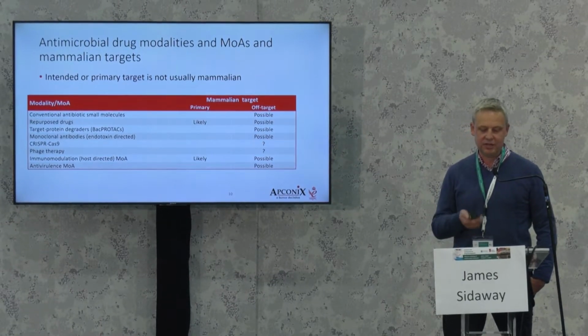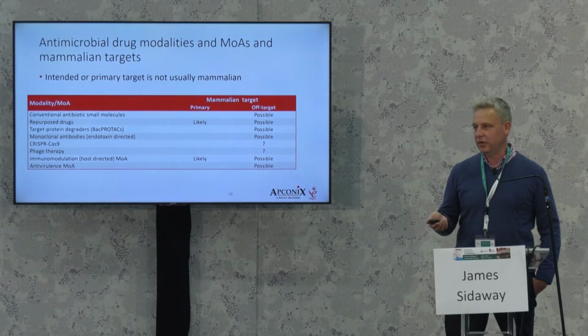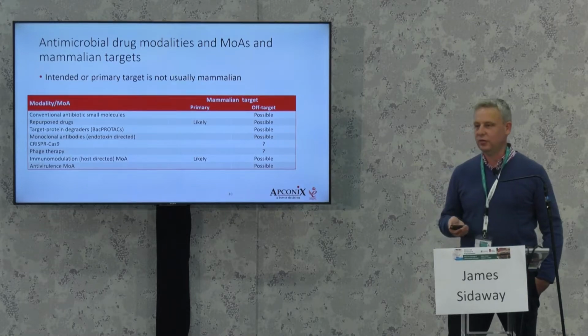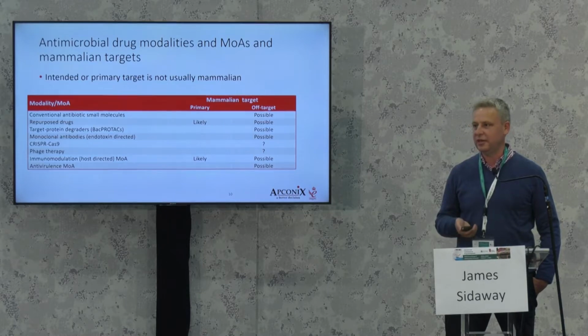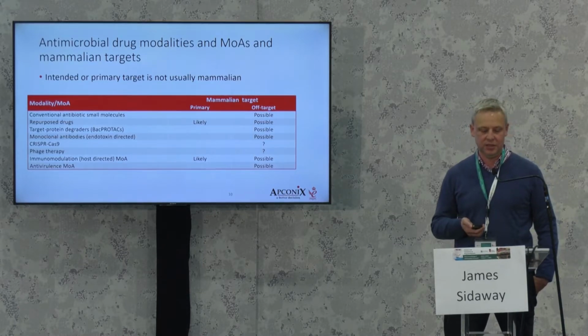And where we would have to be concerned about the primary target is maybe if you're using repurposed drugs that have been developed for other indications, other diseases, or possibly if you're looking at trying to modulate host factors through immunomodulation. You'd be concerned about the primary target and you'd want to have one of those target safety assessments.